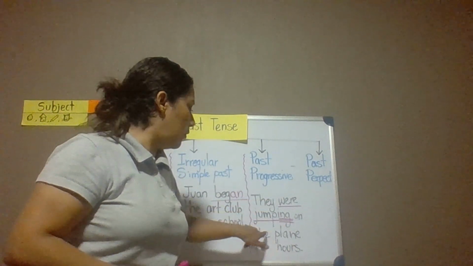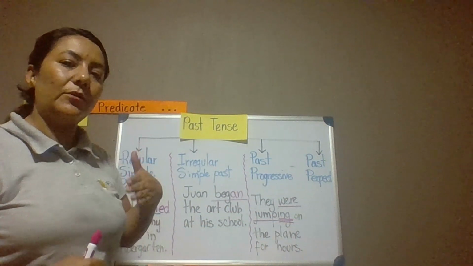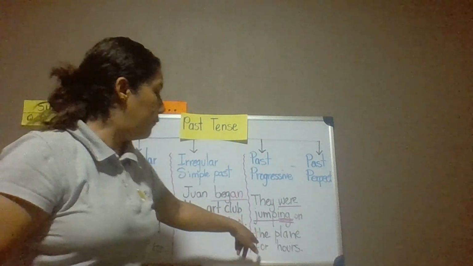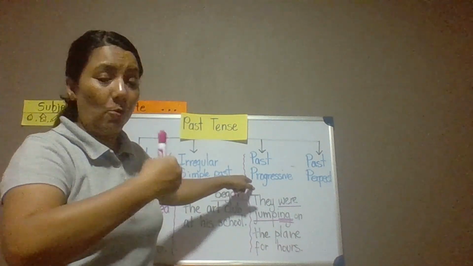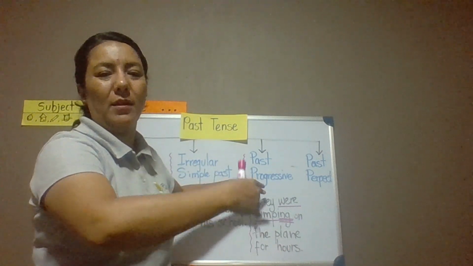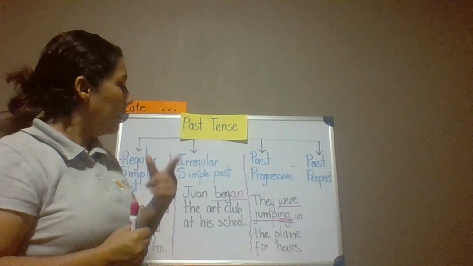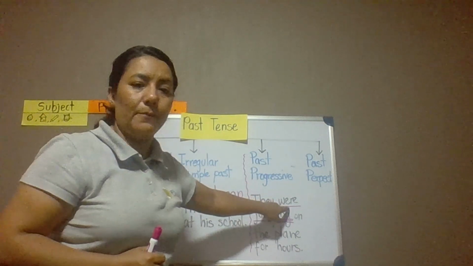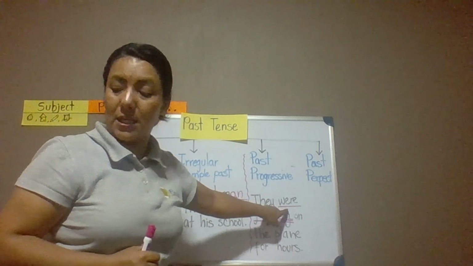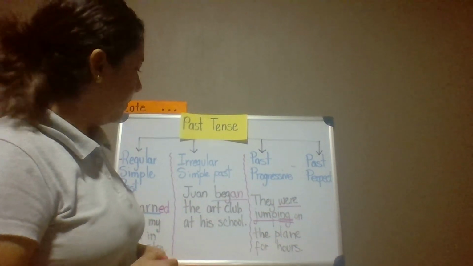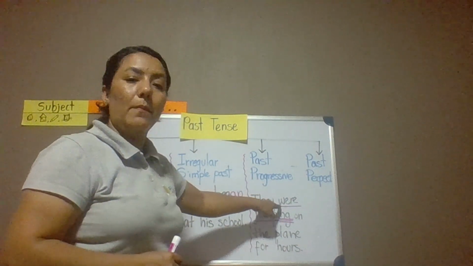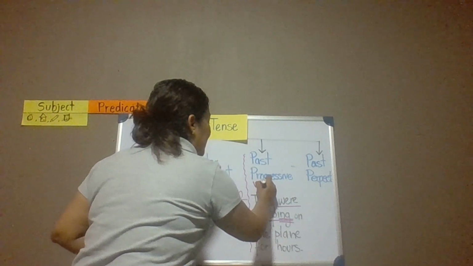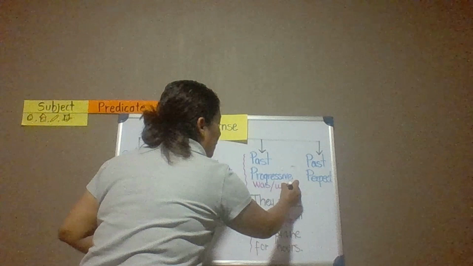They were jumping on the plane for hours. So just think about this. Somebody jumping, jumping, jumping for hours. That jumping was in progress. It just continued happening. For past progressive, we need a helping verb, which is to be in past, which is was or were.